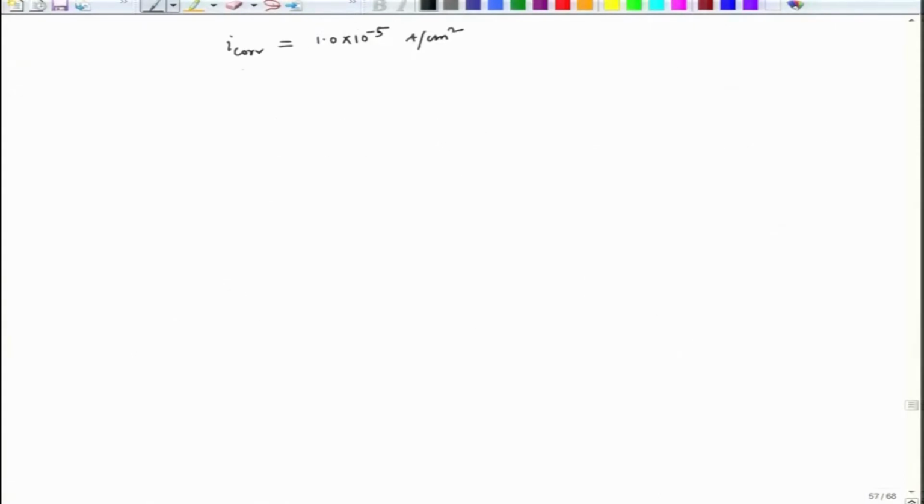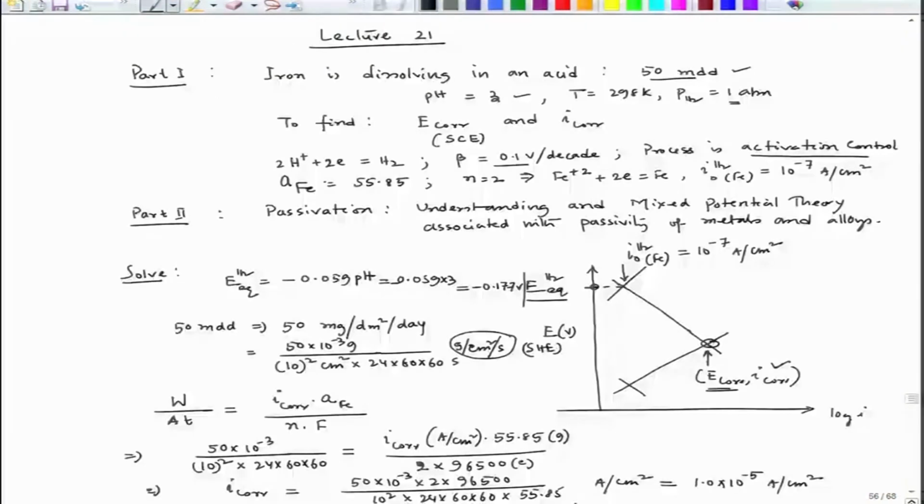In order to find out, we have to use cathodic over voltage, which is minus 0.1 log of I core by I0 hydrogen over iron surface, since at this point IC equal to IA equal to I core, and this point is also known.